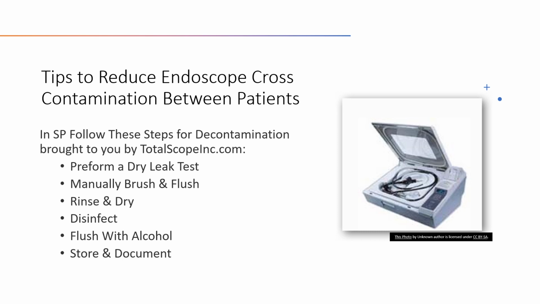A dry leak test, if you don't know, which I hope that you do, is performed to make sure that there are no leaks in the endoscope, in the insulation, and that there are no bubbles being left behind. If for whatever reason your endoscope fails a dry leak test, it's important to not reprocess the scope for the next patient, but to clean it and decontaminate it for repair or being sent out of the facility.